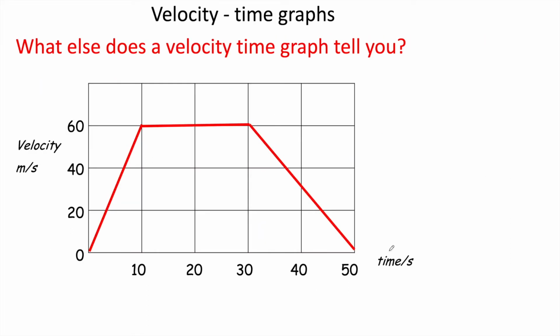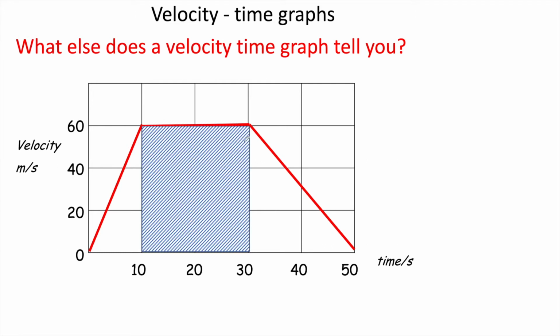So what else does a velocity time graph tell you? Well, let's have a look at this area under the straight bit here. We're travelling at 60 meters a second, and the time that we're travelling for is 20 seconds. Now, of course, distance is speed times time.